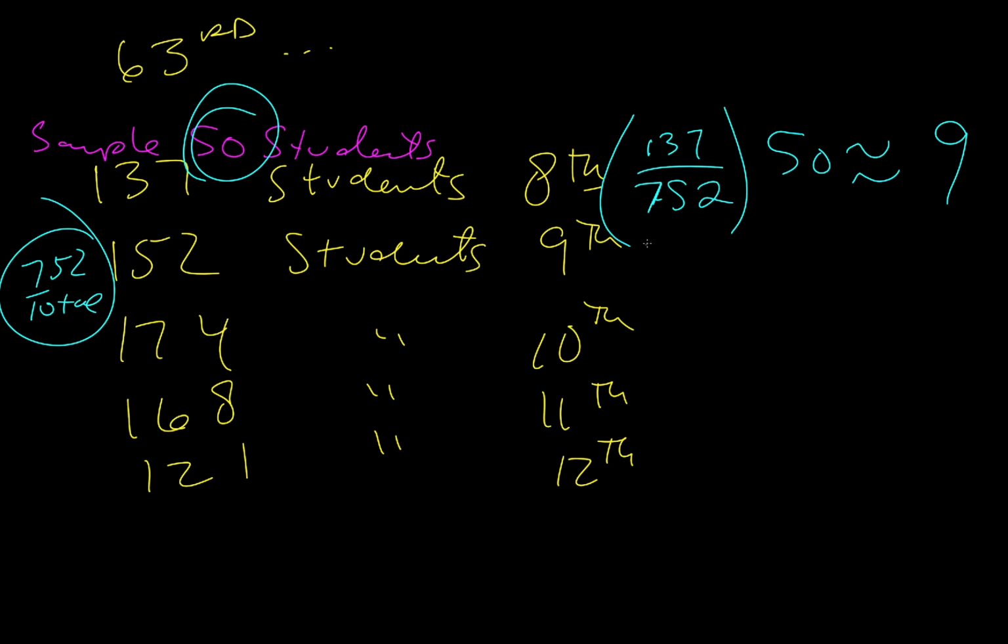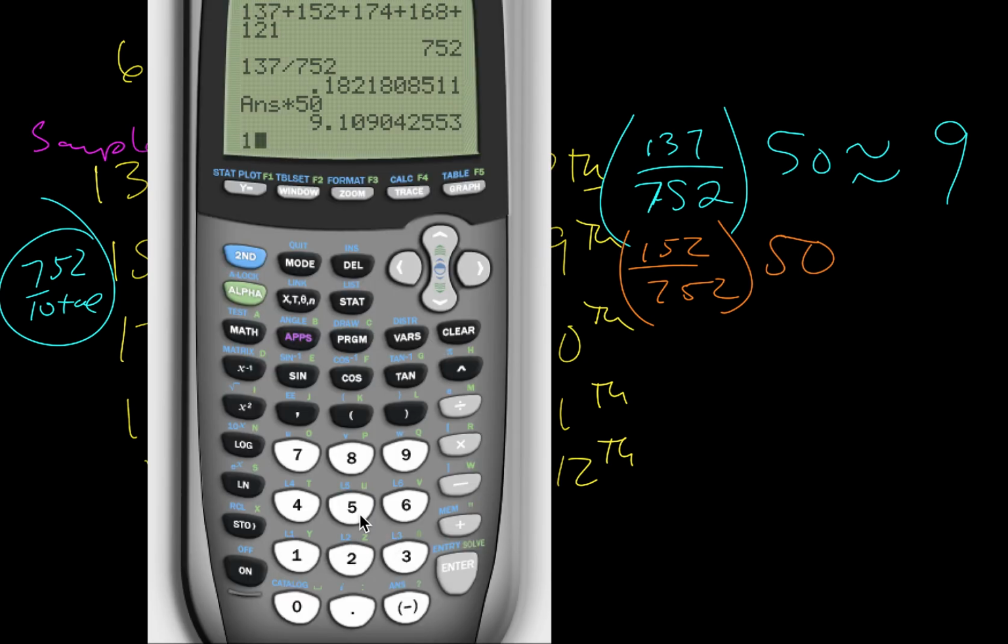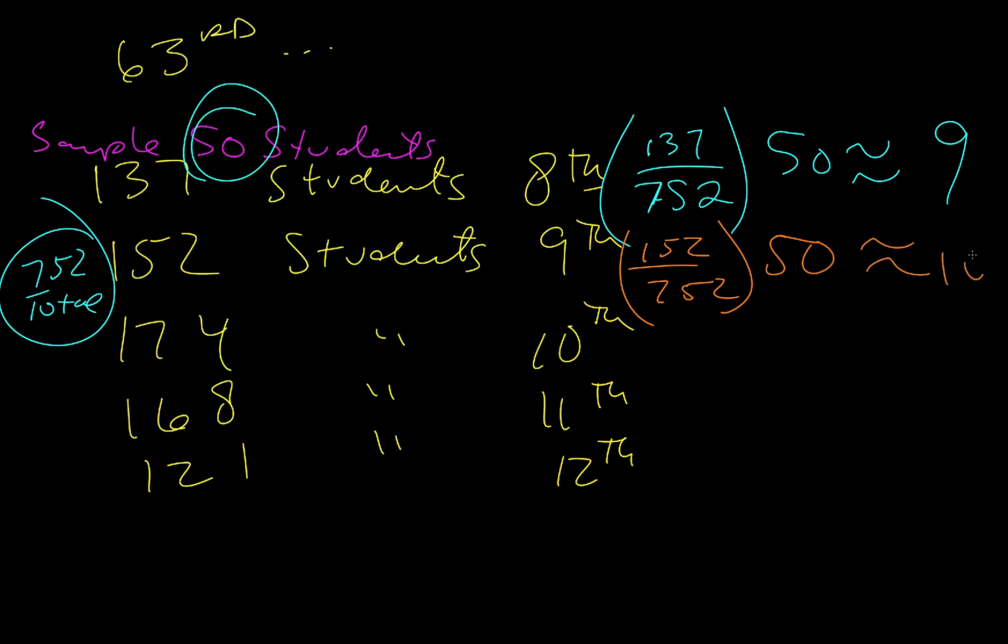So we're going to go 152 over 752 times 50. 152 divided by 752, and then times by 50. It's 10.1, so that's going to be 10 students.